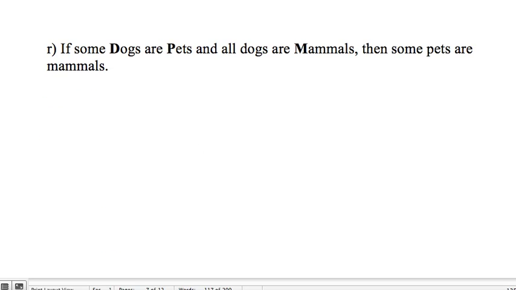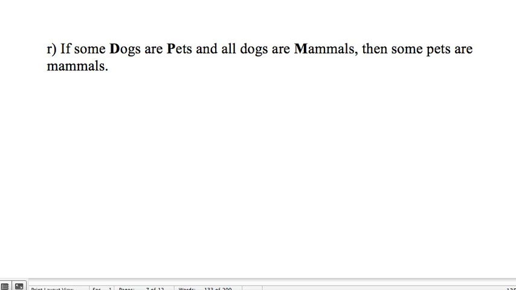If some dogs are pets and all dogs are mammals, then some pets are mammals. Give this one a try. Well, the last one should have primed you to the idea that not all of these sentences are governed by quantifiers, and this is an example. This sentence is not a quantified sentence. It's a sentence with quantified sentences as parts.